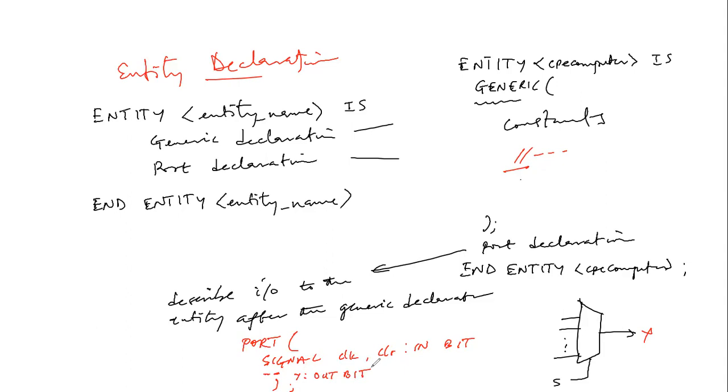So from this, now you see that I use in, I use out, in for input, out for output. We have some other data types here, inout. Then we also have the buffer, okay? So inout is bidirectional, so inout can be used for both input and output.